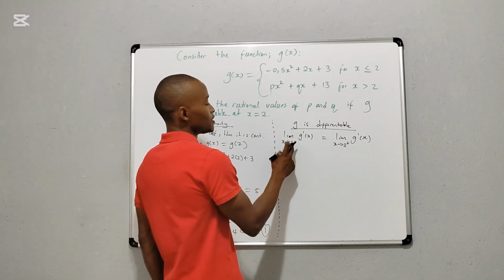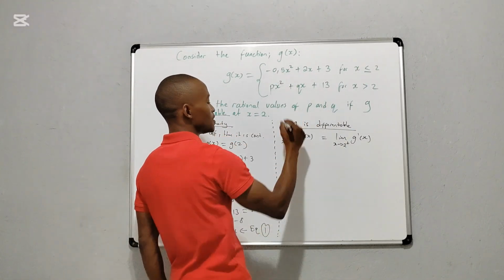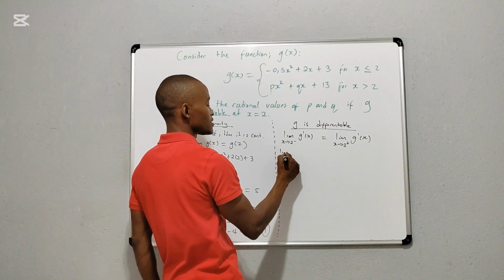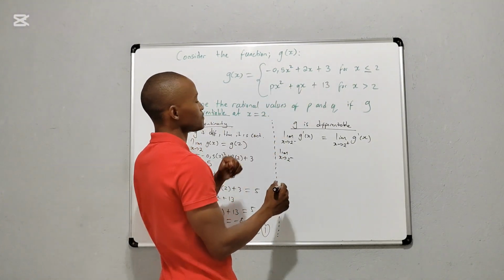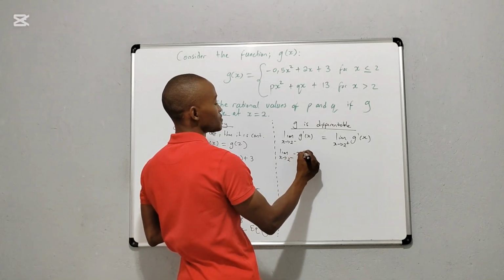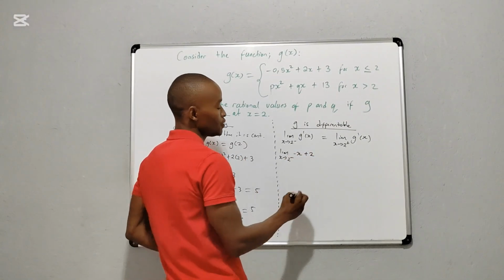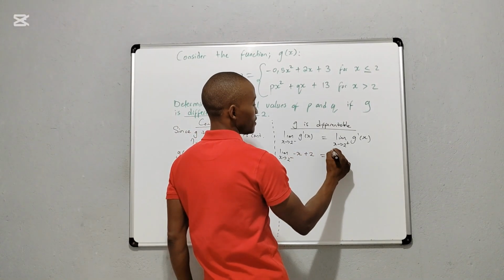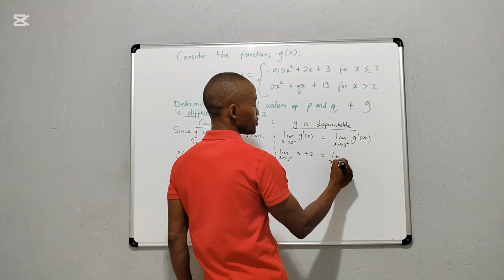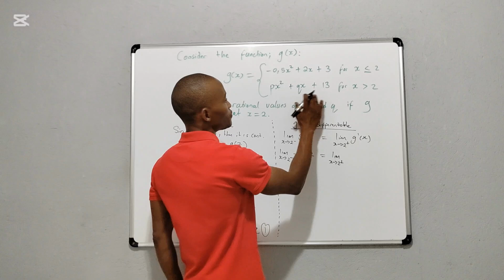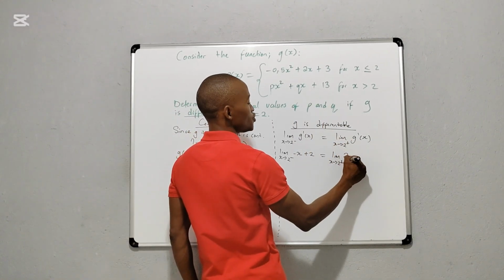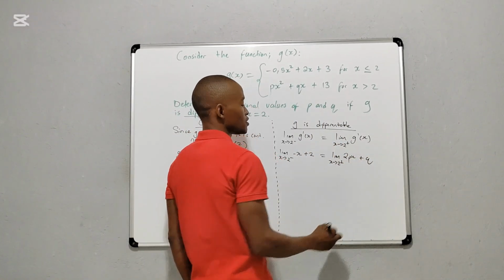Okay. So from the left, we'll be dealing with that one. Limit x approaching 2 from the left. Find the derivative of this quadratic function. You end up with negative x plus 2. Okay. And limit as x approaching 2 from the right. Derivative of this one now will be 2px plus q.